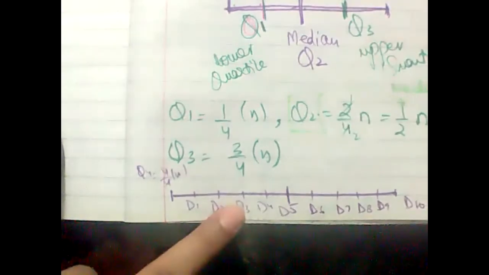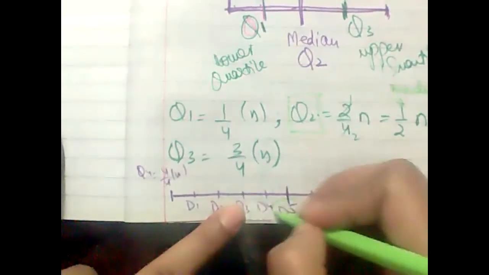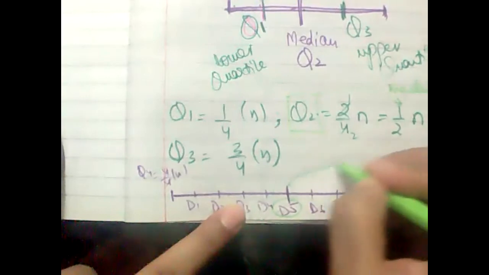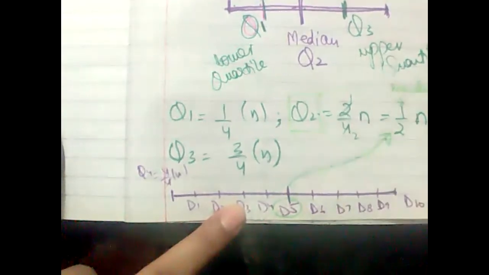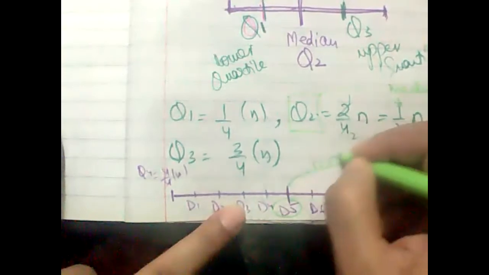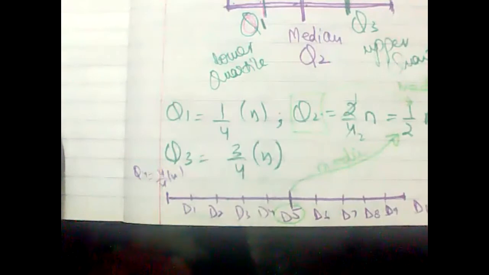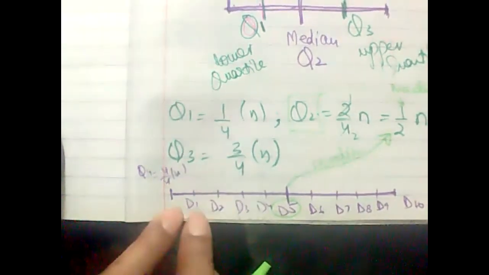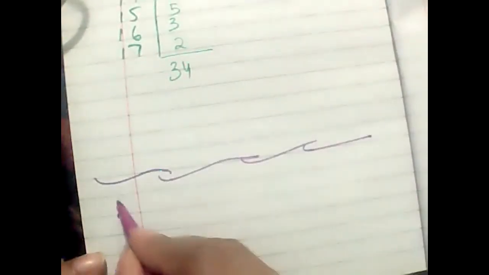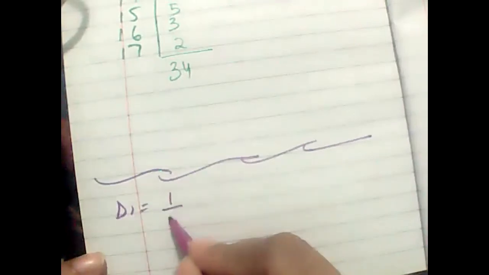Again, can I say that D5 is the central value, which is again the median? Let's prove it. D1 means 1 upon 10 of the whole data.